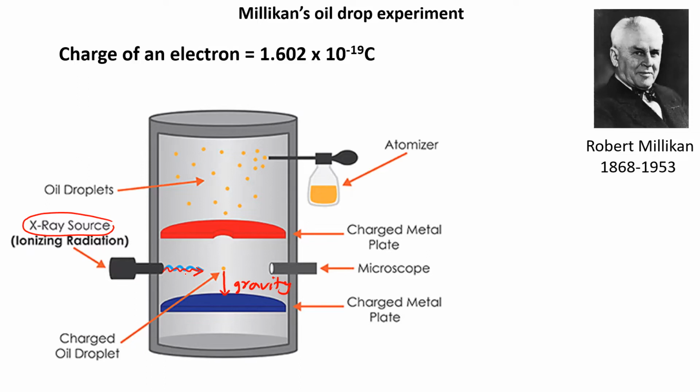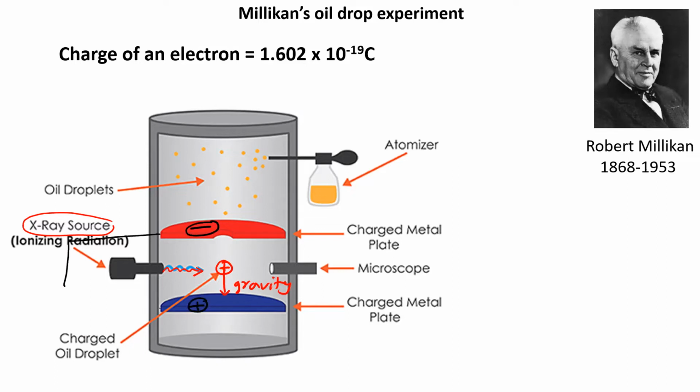So when an electron is kicked out from the oil drop, this oil drop gets a positive charge. And then he provided an electrical charge. He provides a negative charge to this red top plate and a positive charge to the bottom blue plate.